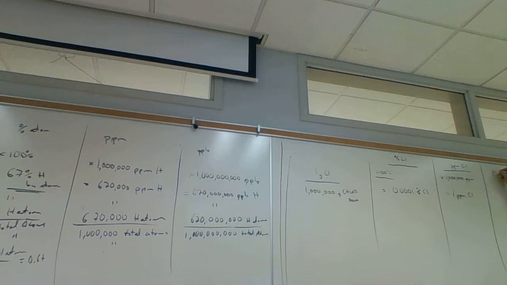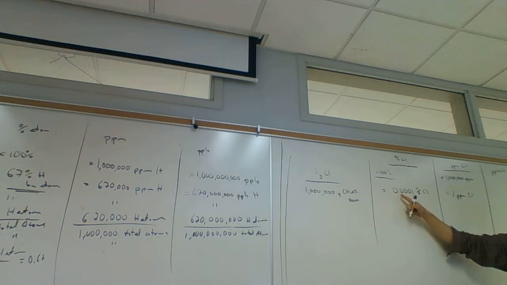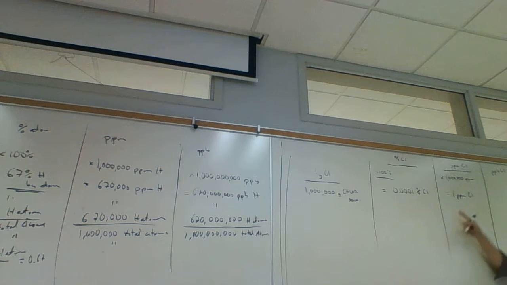So the swimming pool contains, or should contain, 0.0001% chlorine, or it should contain 1 part per million chlorine, same thing. Or in terms of parts per billion, we'll multiply this by a billion ppb, and this is going to be 1,000 parts per billion chlorine. And so it's just a matter of convenience.